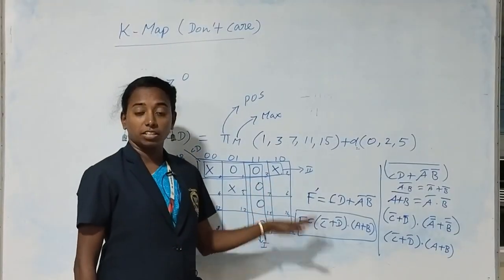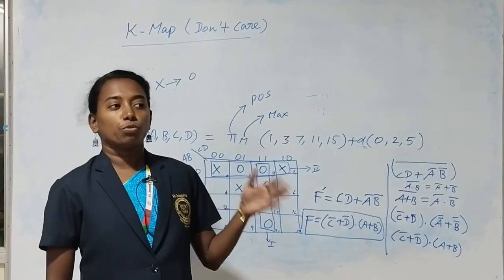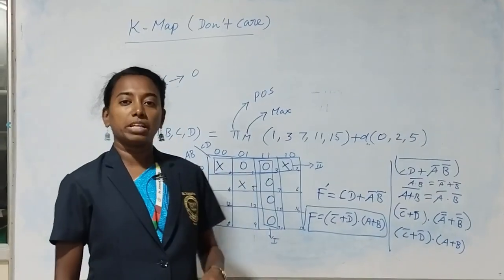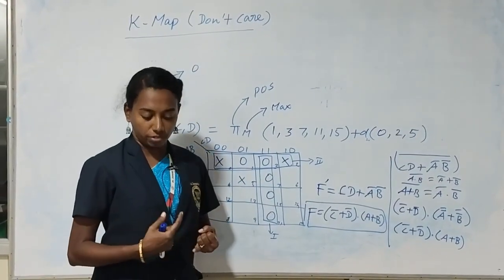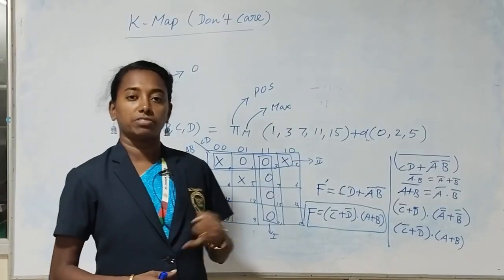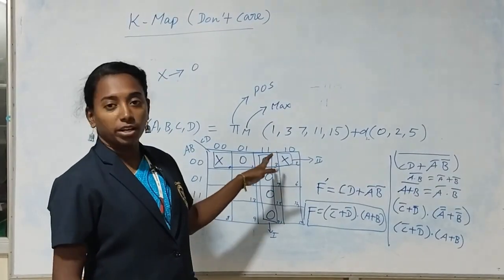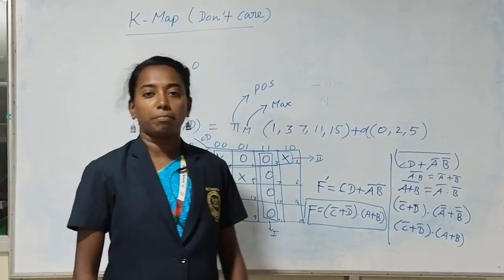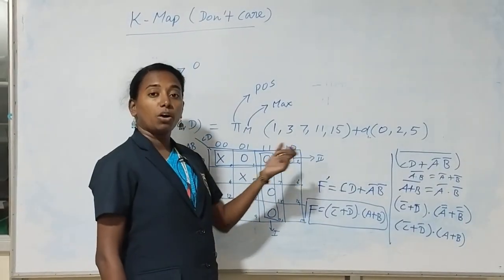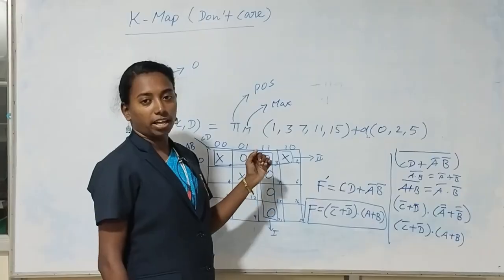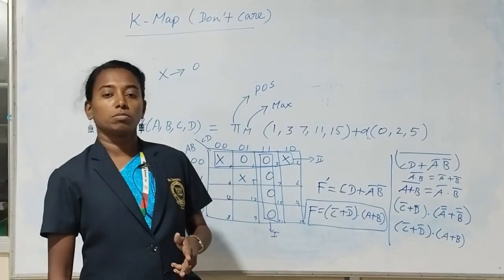So let's summarize the things we have seen today. So for your logical expression minimization technique, we have two methods so far. Okay, the first one is Boolean method, which we have seen in yesterday's class, and in today's class we have seen Karnaugh map for your 3 variable and 4 variable. Okay, so without don't care condition and with don't care condition, we have seen 2 problems.